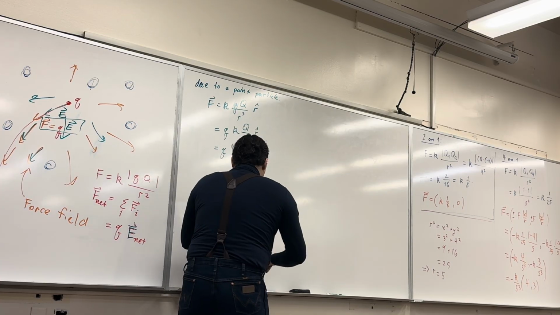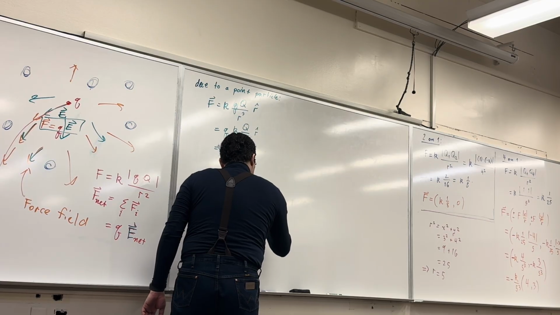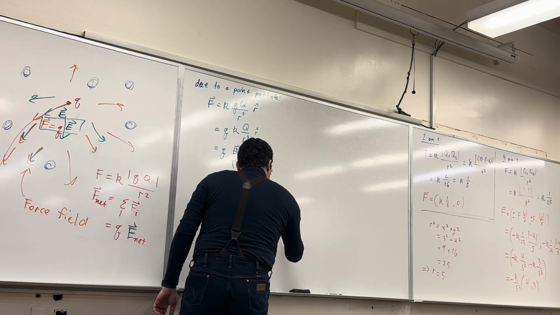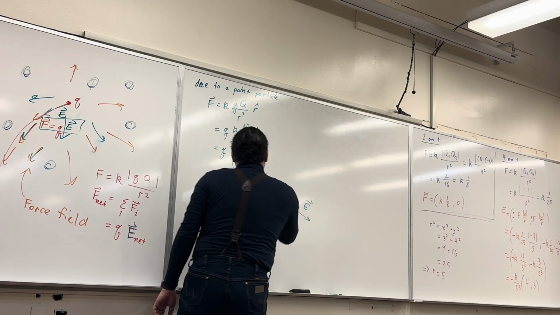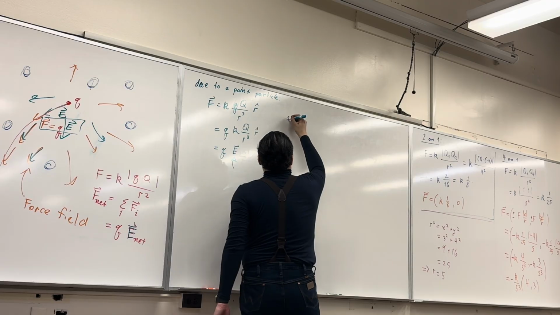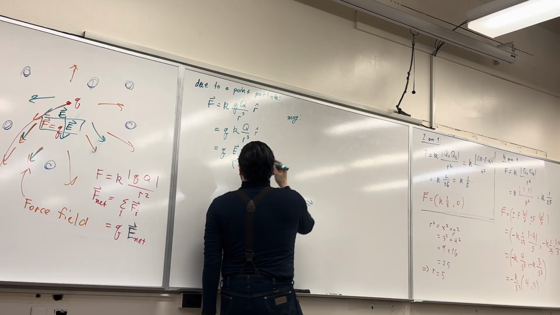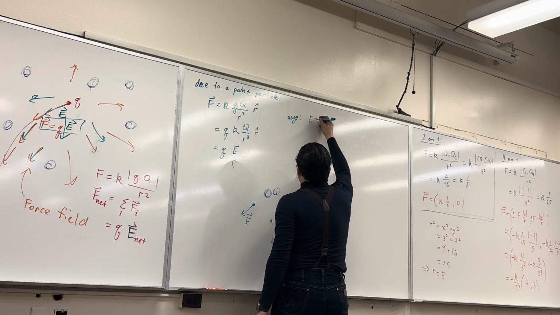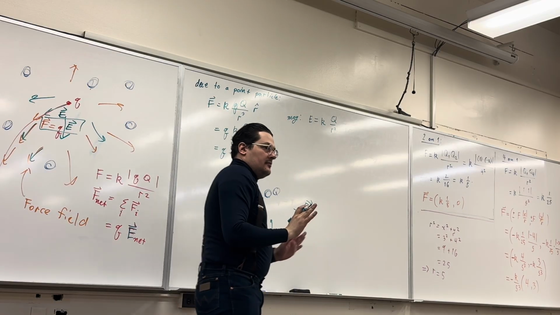And this fixed charge puts down an electric field at every single point in space. And the magnitude of that electric field, due to that single point charge, is going to be KQ over R squared. Okay.